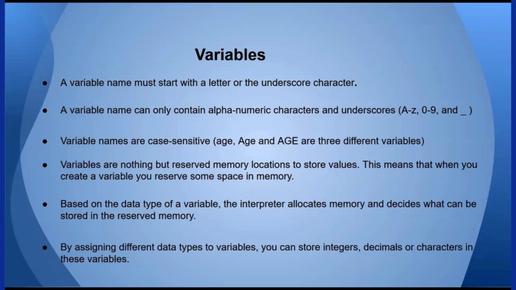So we have a community having 10 houses. Each house will occupy some space. Similarly, a variable will occupy some space in the memory, right? And how will we identify it? Each house has a house number, 1, 2, which identifies that house number 1 is occupying 200 square meter, 3 is occupying 400 square meter, right?